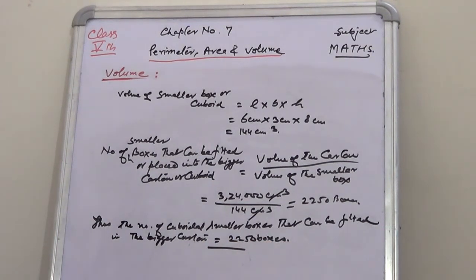So children, by now you have understood all the three parameters, perimeter, area and volume, that are taught in chapter number 7 of your course.